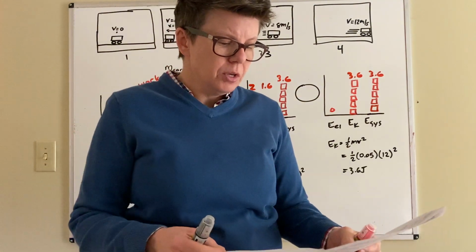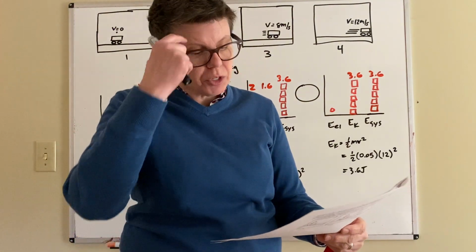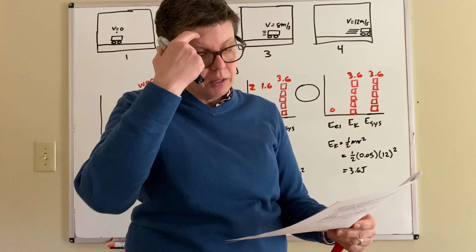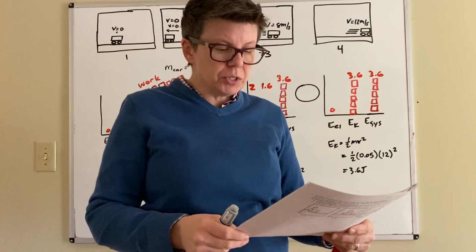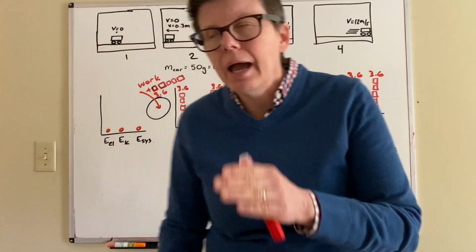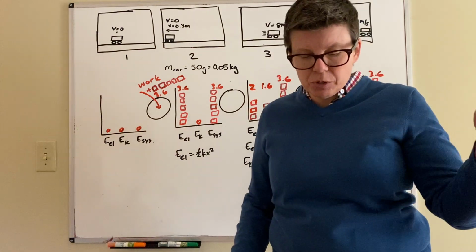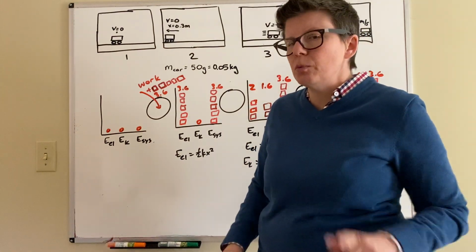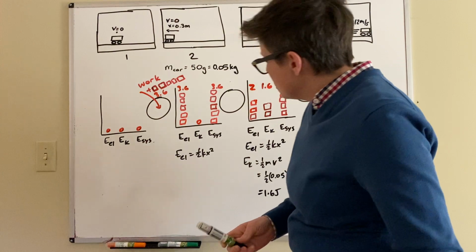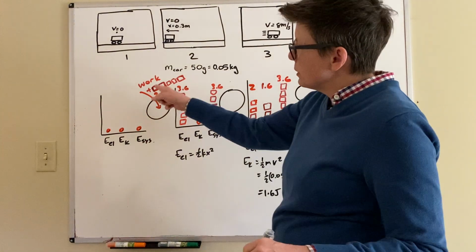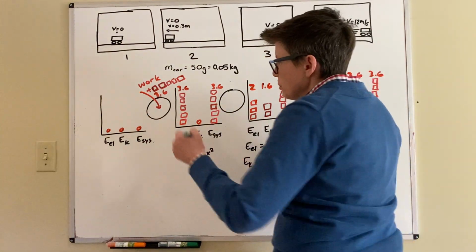Part C, what average force did the person apply to the pullback car? And D, what was the displacement of the string? Average force did the person apply to the pullback car? This is an idea that we have not yet learned. So I'm going to show you that. And it relates to this work quantity. So we'll bring that down here.